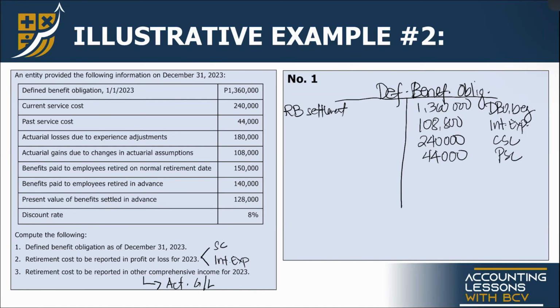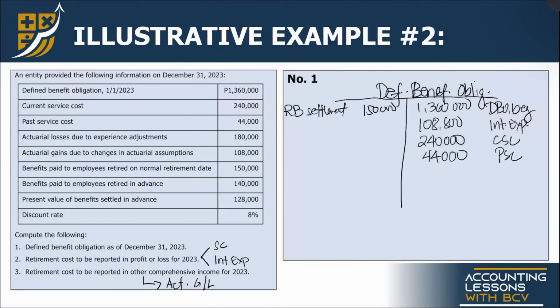Okay? Sige. When it comes to the benefits paid to employees retired on normal retirement date or as expected, that amount is simply equal to its present value of benefits settled. So, lalagay lang natin agad kay DBO ay 150K. Okay? Lalagay lang natin yan.